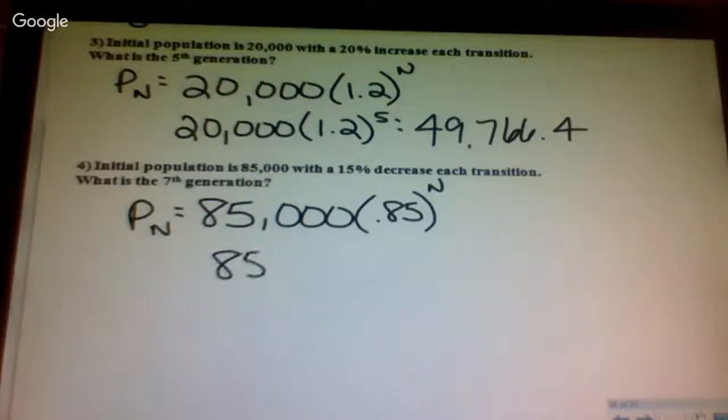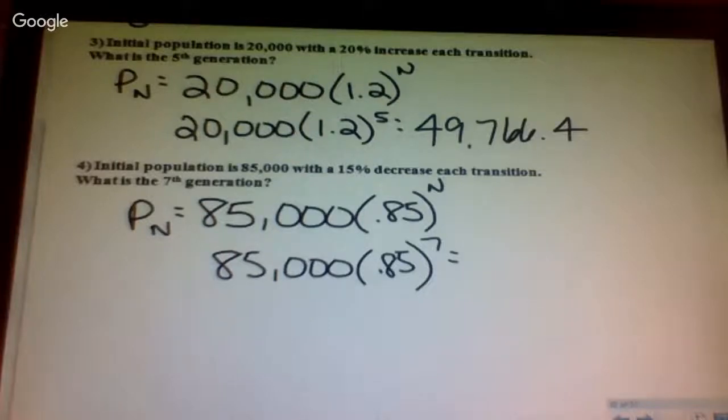I'm trying to find the 7th generation, so we raise this to the 7. We get 27,249.05. Perfect.